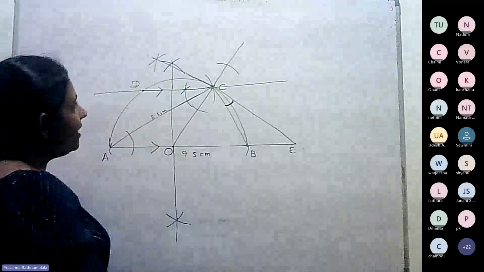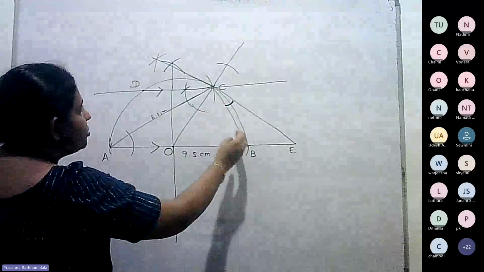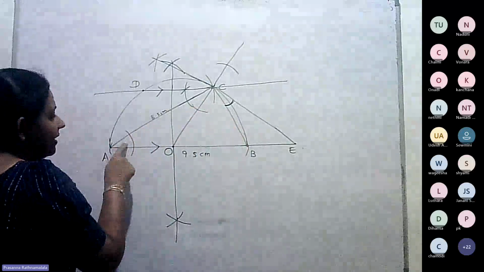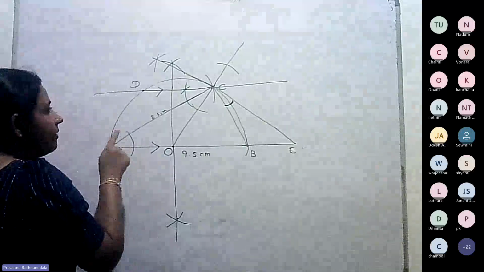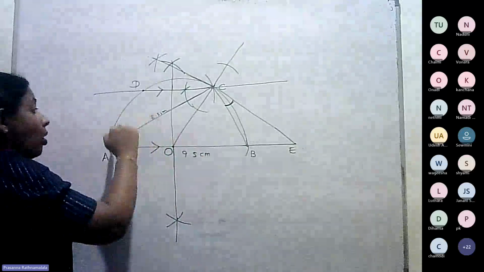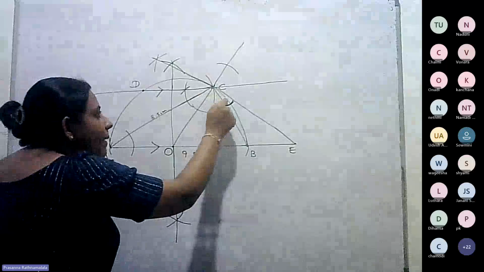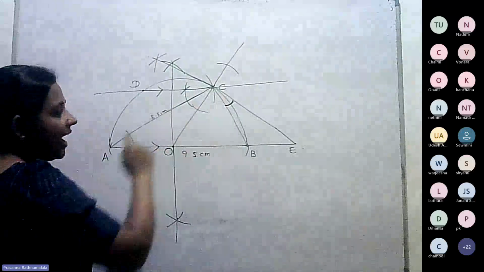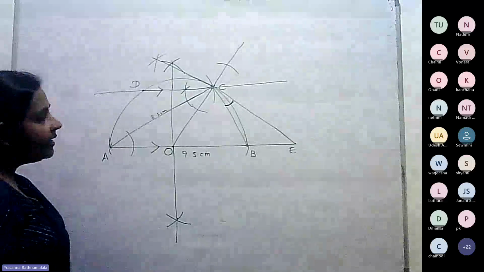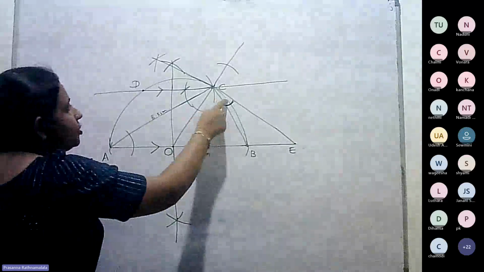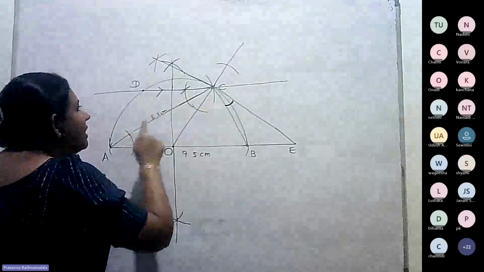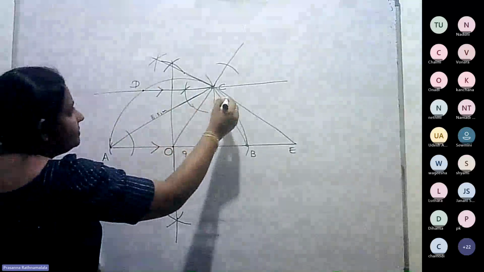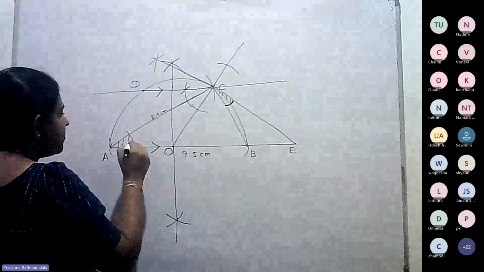When we get this tangent, this is the angle, and the angle in the alternate segment with respect to this angle. According to the theorem, these two angles are equal in magnitude, this one and this one.